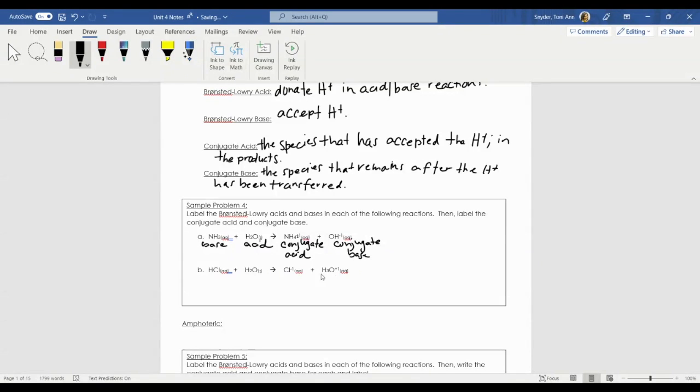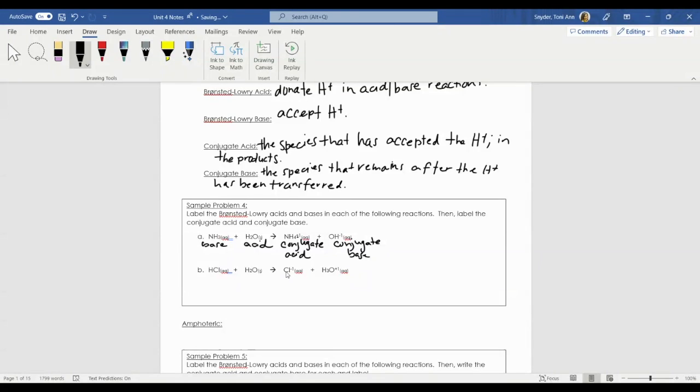Let's take a look at this one. So in this case, water, I look on this side here, looks like it accepts a proton. In this example, I'm going from water to the hydronium ion. Remember, that's the name of that guy. And I have hydrochloric acid, and it looks like hydrochloric acid is losing that proton to become the chloride ion.